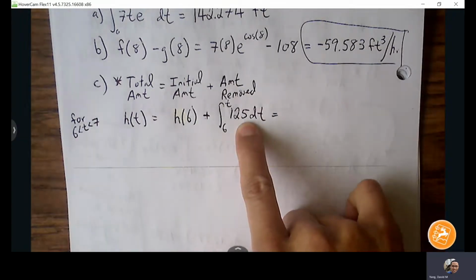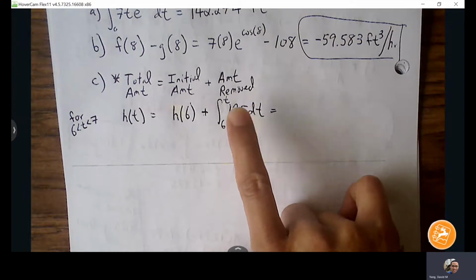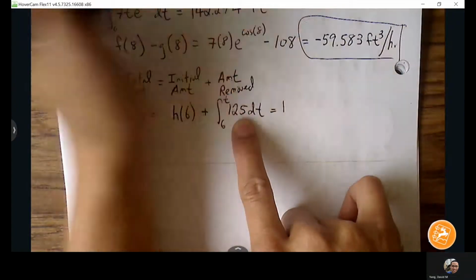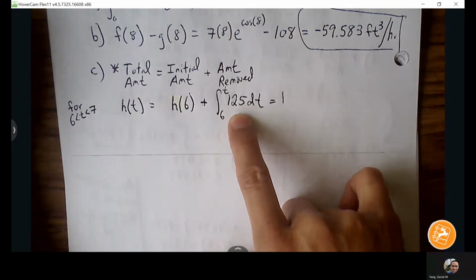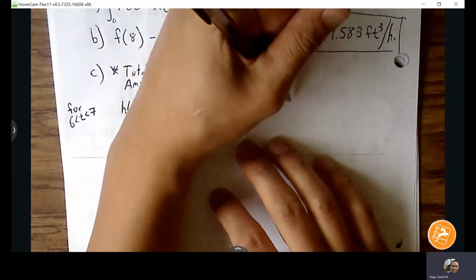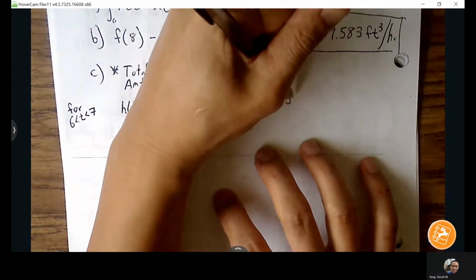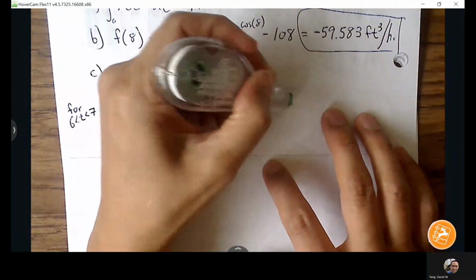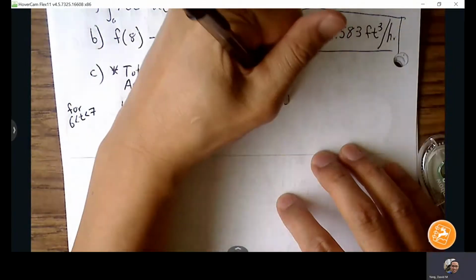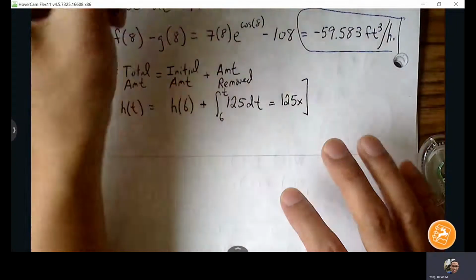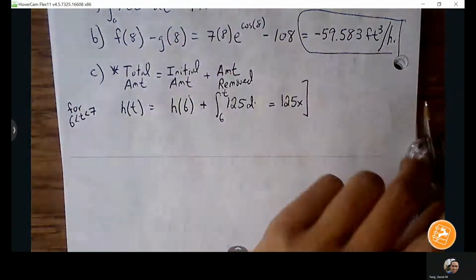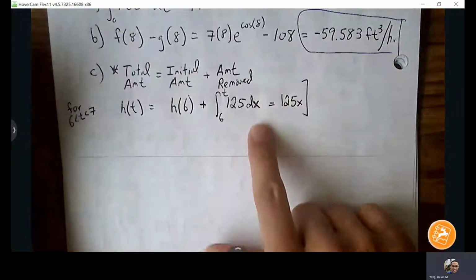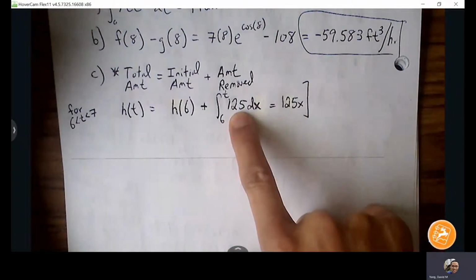We go through the power rule here. 125 becomes, that's derivative, so the integral is 125 what? Yeah, 125x or 125t. Let's just say x. This should be dx here. 125 is a constant.